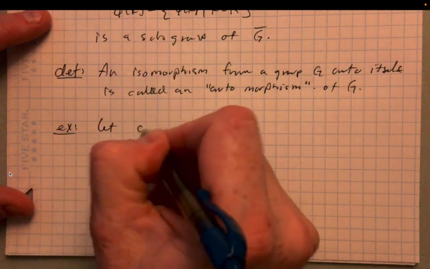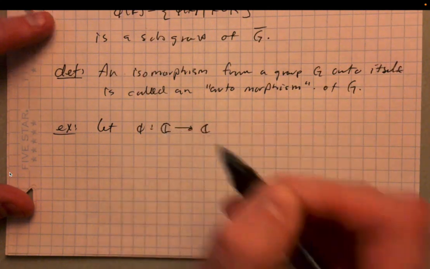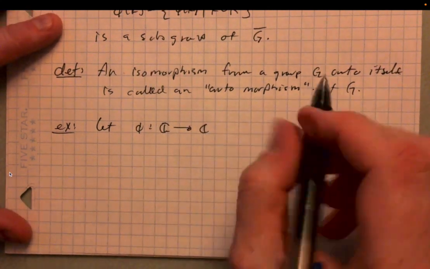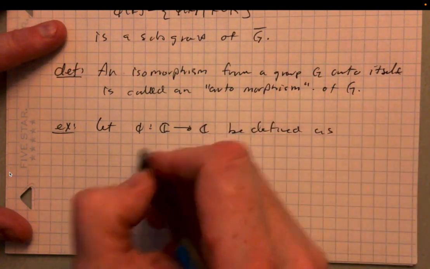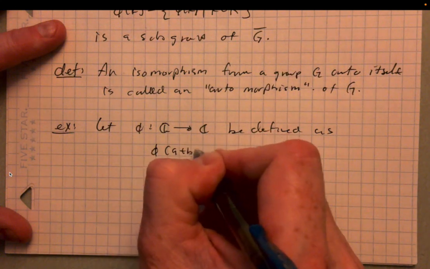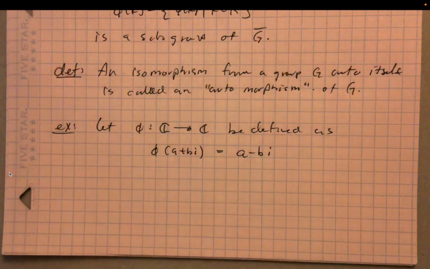Let phi from C to C, complex numbers to complex numbers, be defined as phi of A plus BI equals A minus BI.